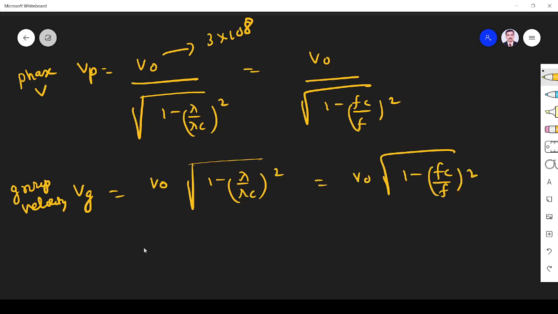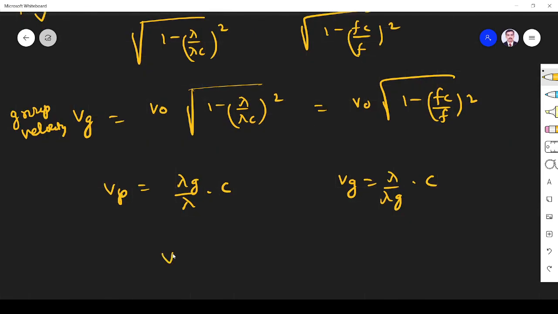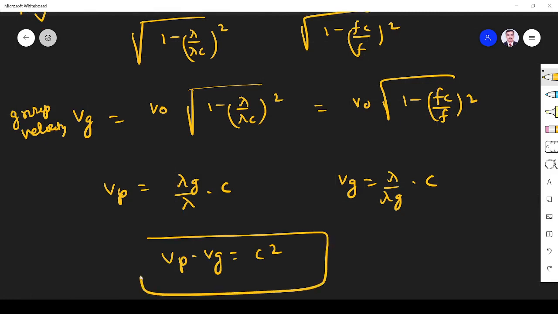This is the group velocity. We can write another formula for phase velocity, lambda g by lambda into C, where C is 3 into 10 power 8. Group velocity is lambda by lambda g into C. When you multiply Vp into Vg, everything will cancel, so we get C squared. These are all the things we must know.